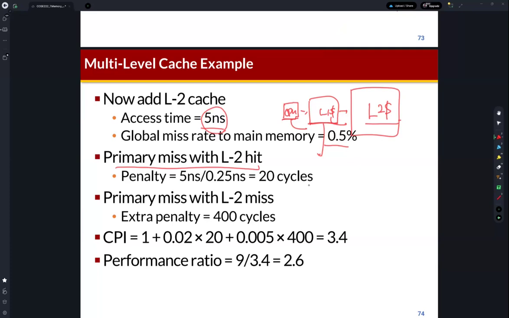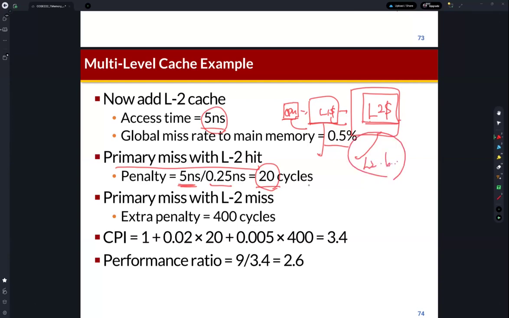If the request is a hit in this L2, then this miss penalty is 20 cycles, right? Because the access latency to L2 is 5 nanoseconds, and the clock frequency is 4 gigahertz. The clock period is 0.25 nanosecond, so that is the miss penalty. This is the L2 hit case, right?